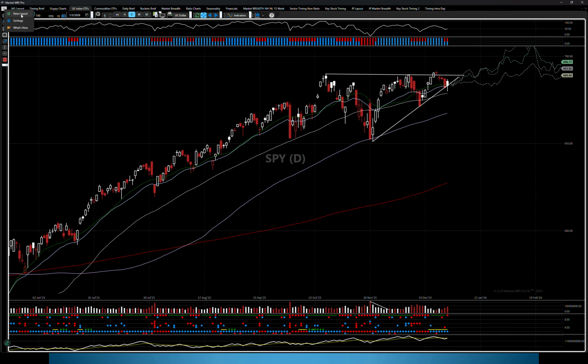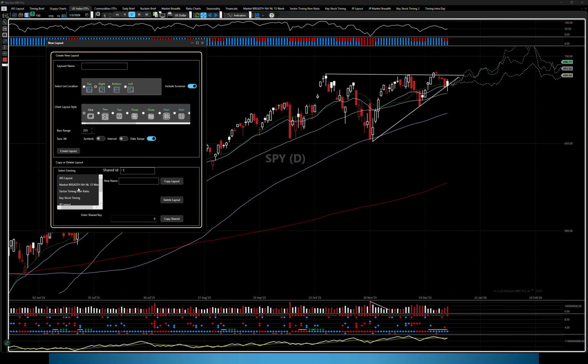If you go to new layout, you could take my layout, maybe. Nope, it's not listed here. All right, I was going to show you how easy it would be to copy it. I will create a new layout and share a number in Top Down Trader.